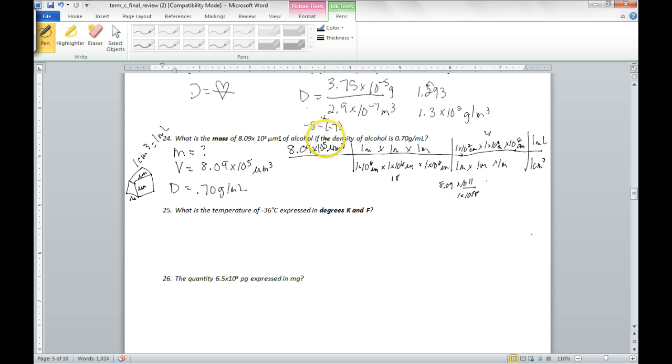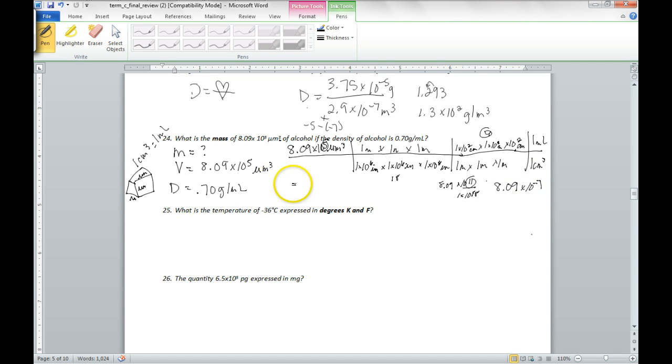So what I did here is I added these two together. That's how I got my 11. I added these together. That's how I got my 18. Now I can divide the two, so I know it's going to be 8.09 times 10 to the 11 minus 18 gives me -7 is my volume.